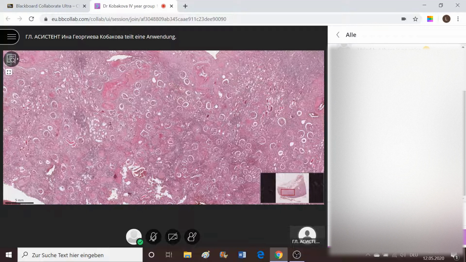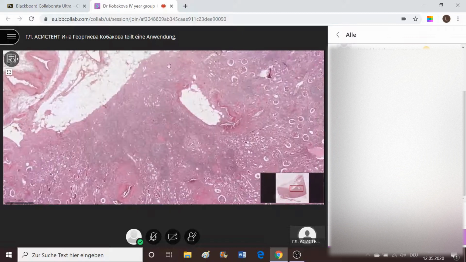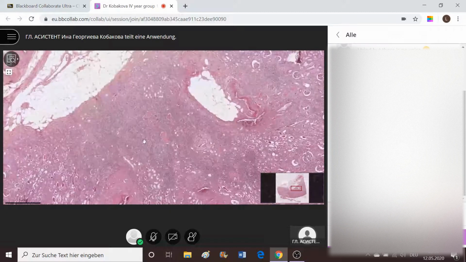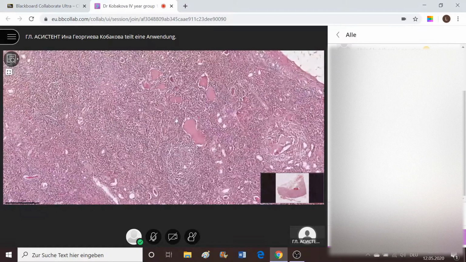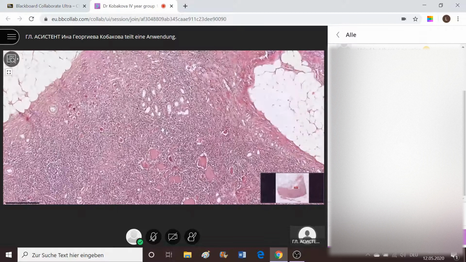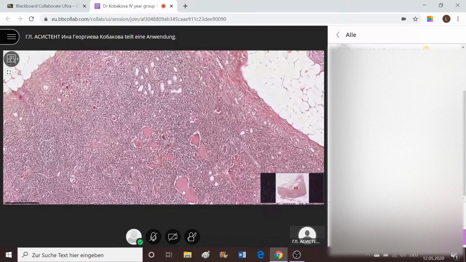What else? Here, there is a field which is infiltrated by lots of lymphocytes, which are particularly common for such a type of process. Some small systems of ducts and tubules are observed here and there.